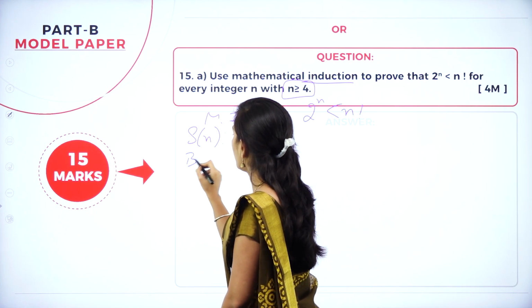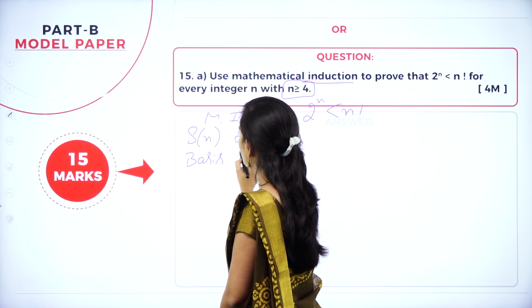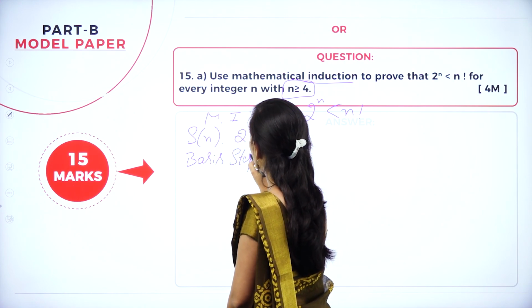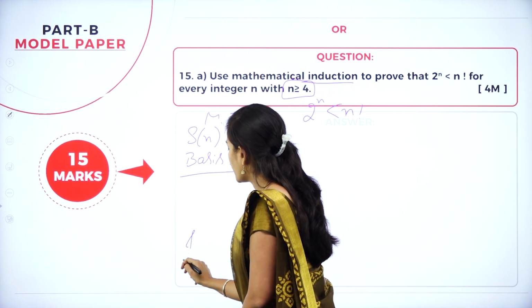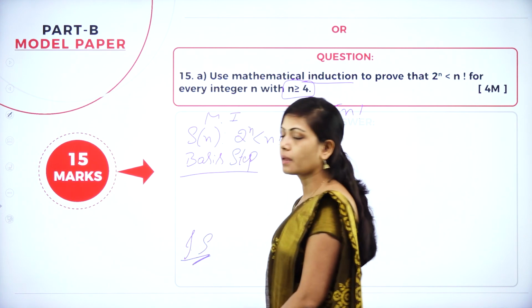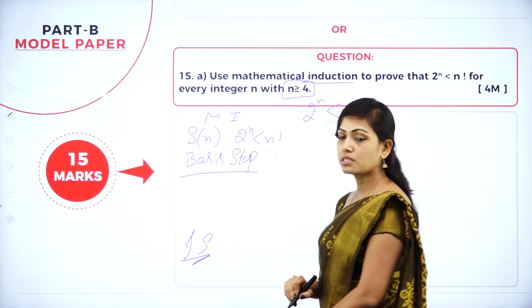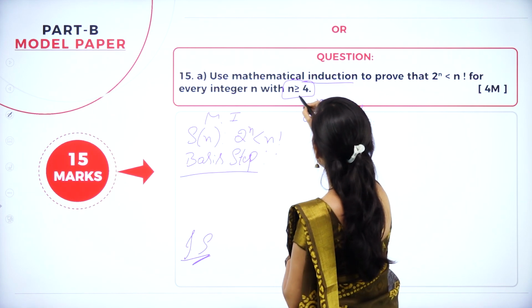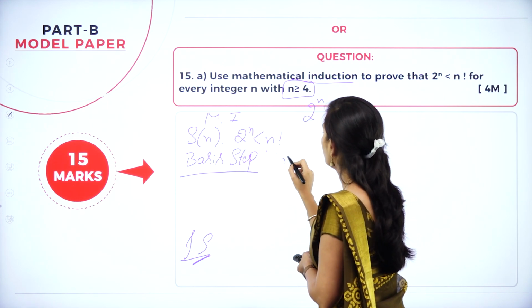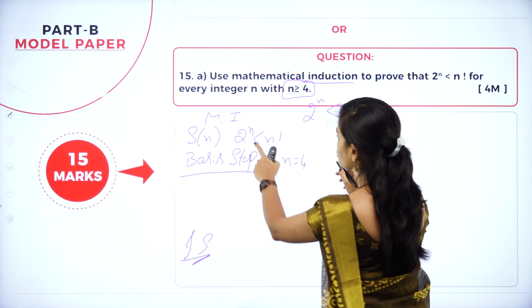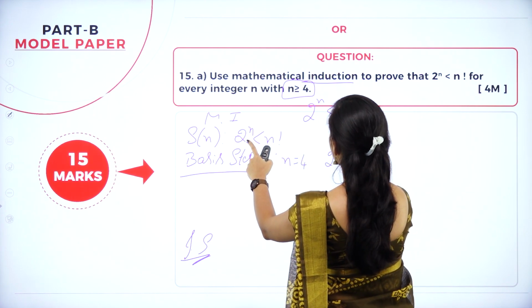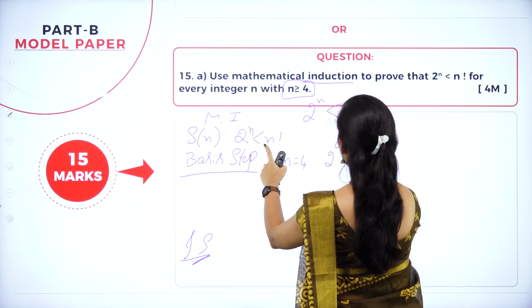And in mathematical induction, you have 2 steps, that is basis step and induction step. So what is this basis step? Here I'll replace the value of n. N is equal to 4. So 2 power 4 less than 4 factorial.